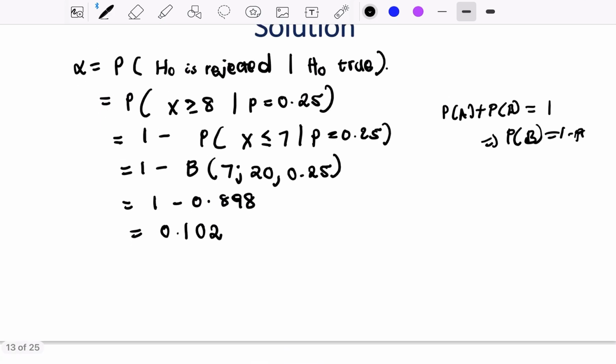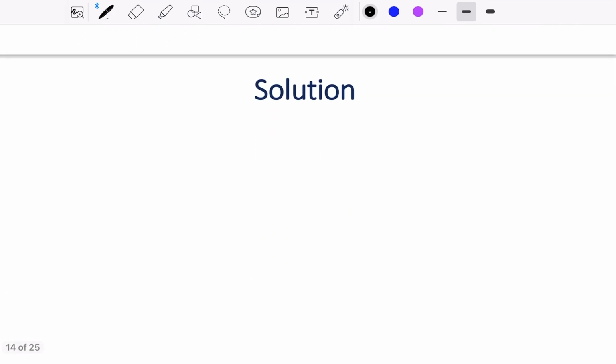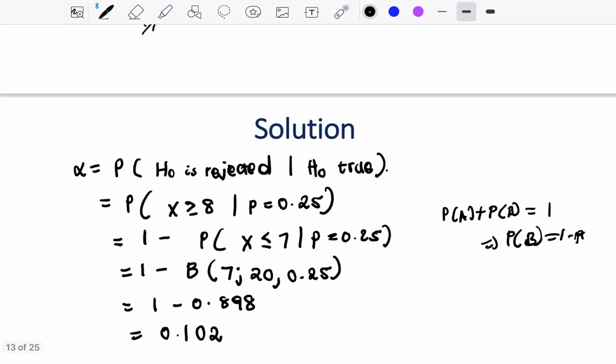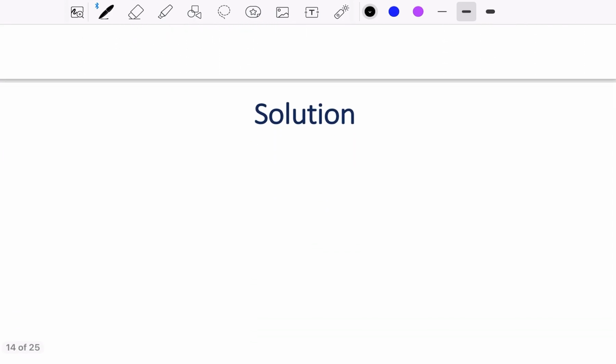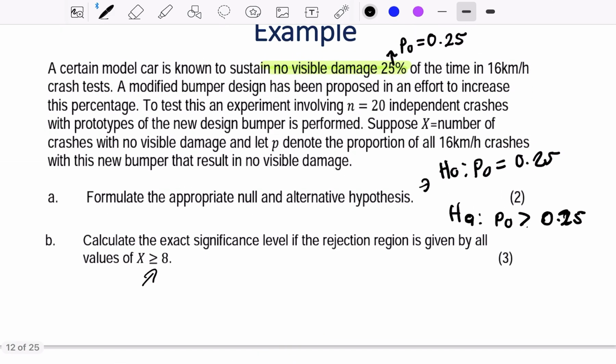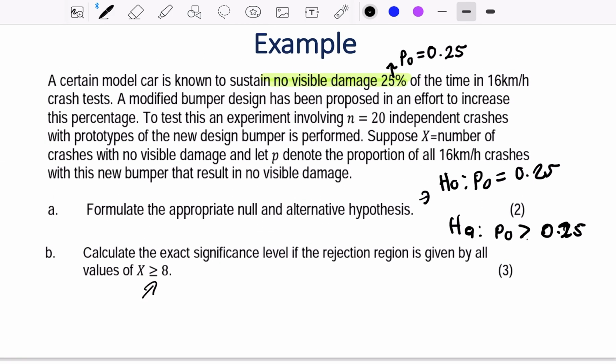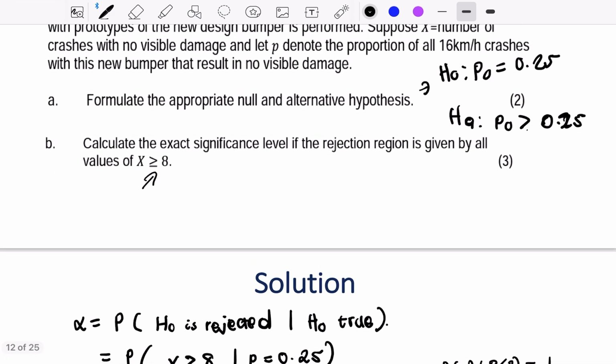Now I have another question. How about we find out whether we would reject or not reject this hypothesis? We look at it and we see that we are looking at the upper tail test.